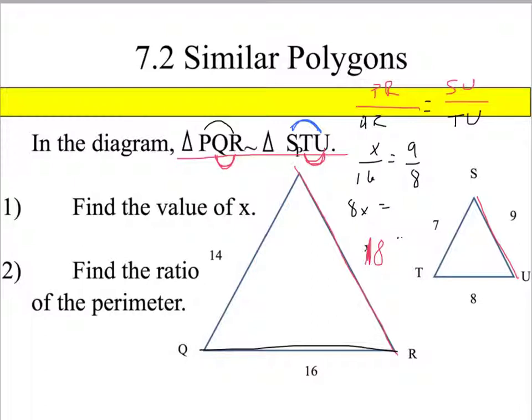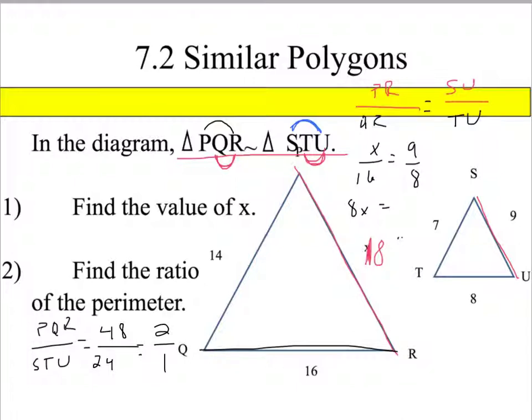Well, I'm just going to say PQR over STU. They are similar. We already know that. So what's the ratio of PQR? That's 14 plus 16 plus 18, which is 48, over STU, which is 7 plus 8 plus 9, which is 24.